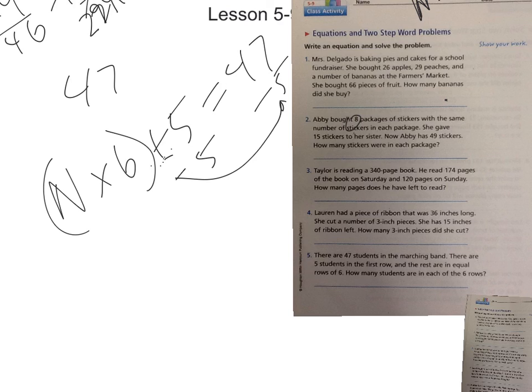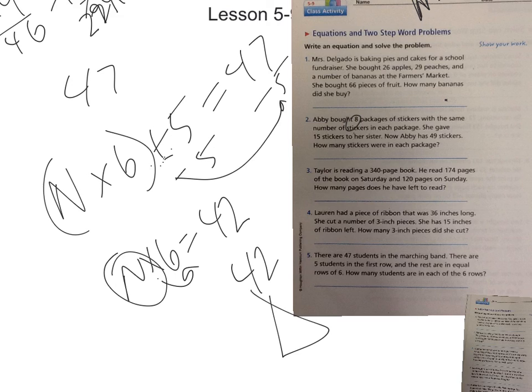So you had n times 6 equals 42, and then you have to figure out what n would be. If n times 6 is 42, that means 42 is at the top of the math mountain, 6 is at the bottom, and you're missing right here. So hopefully you know 6 times 7 is 42. So your answer is n equals 7, or 7 students.